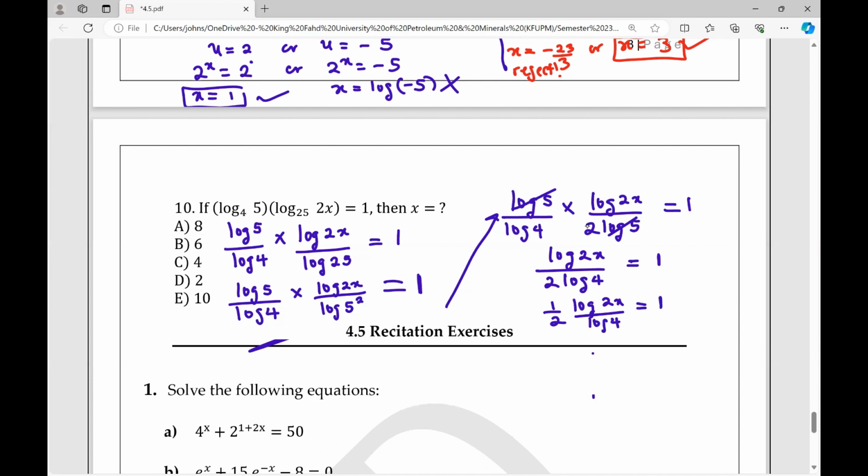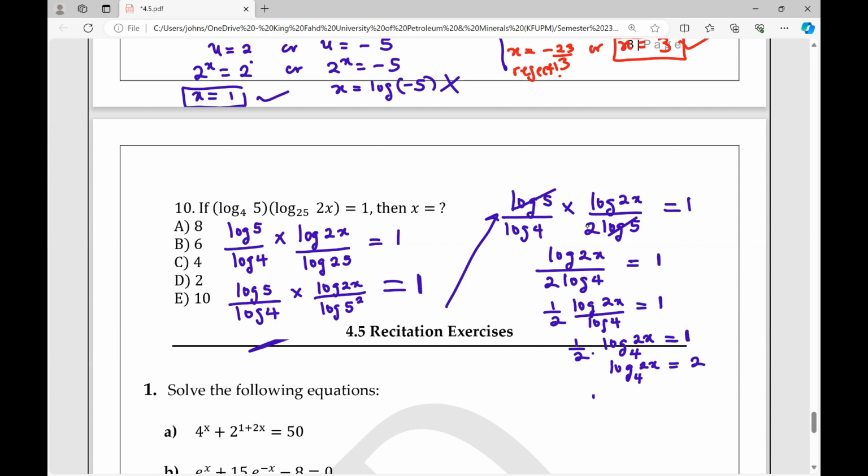But this is log to base 10 over log to base 10, so I can bring it to become log to base 4 of 2x. The half here is just a constant, so we can multiply both sides by 2. So log to base 4 of 2x is equal to 2.